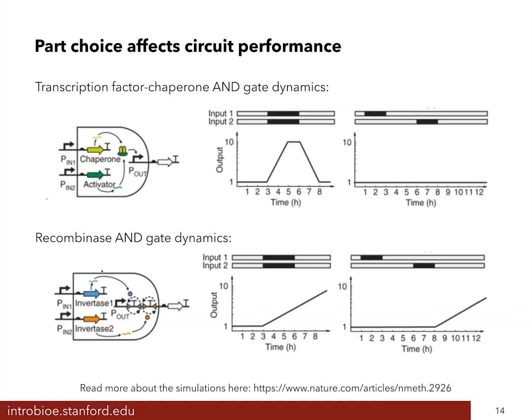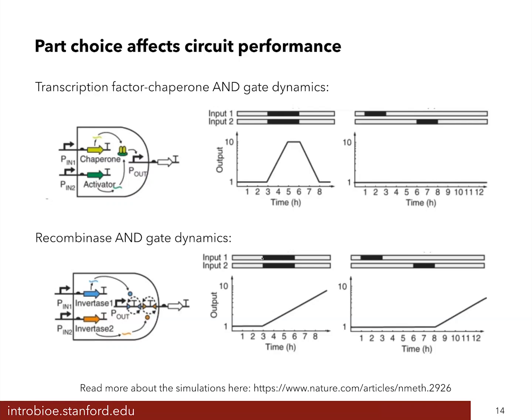But this recombinase-based AND gate does something different. It makes a permanent change in the DNA. Remember, one of the recombinases will invert a terminator, and the other invertase will invert the other terminator. But these inversions are permanent, so they are permanently changing the DNA. They take a long time to initiate relative to the expression of your activator and chaperone.